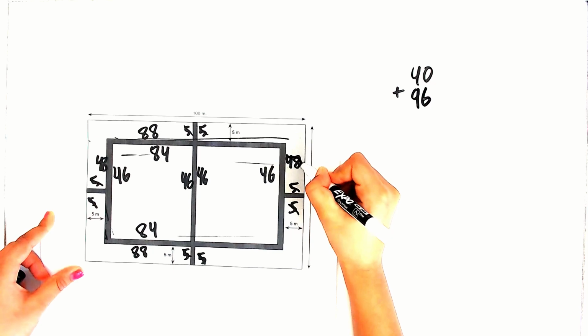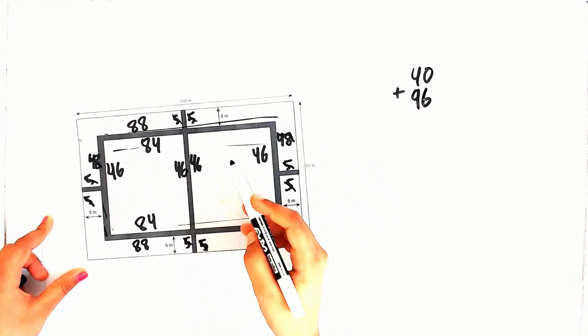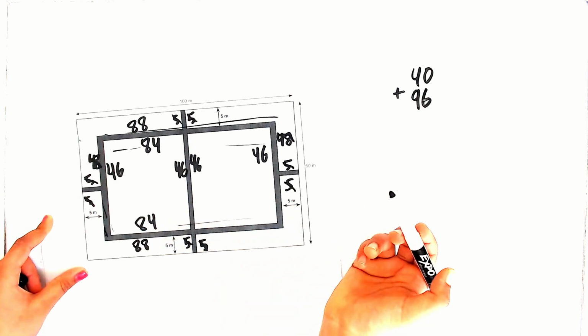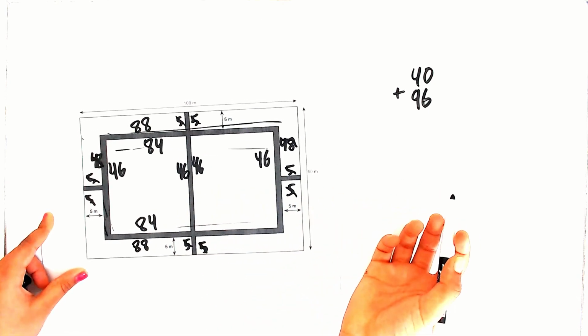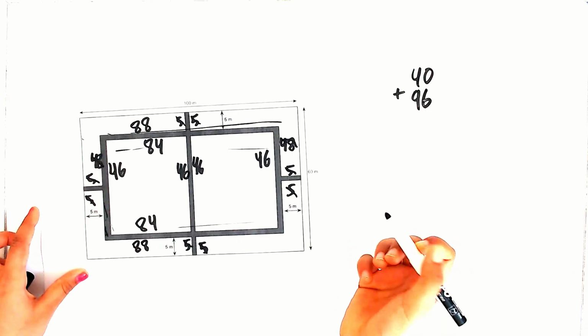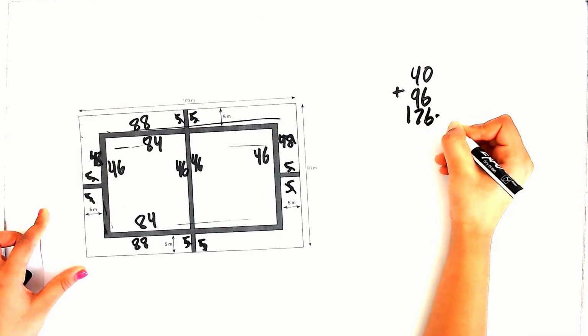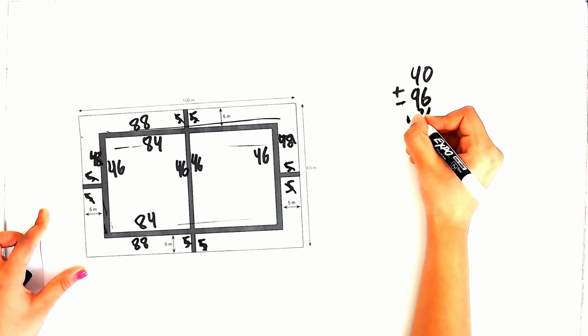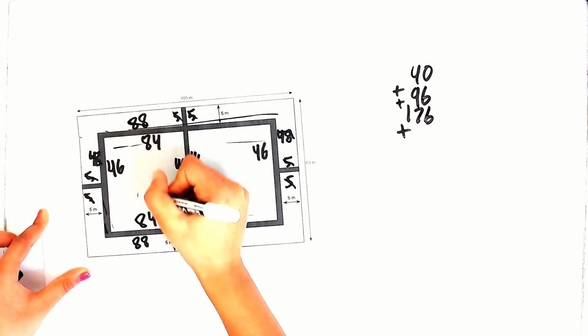Now let's cross those out. And then let's do 88 plus 88. There's 2, right? So 88 plus 88 equals 176. And then let's cross those out.